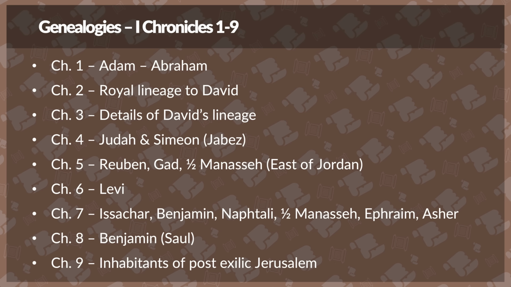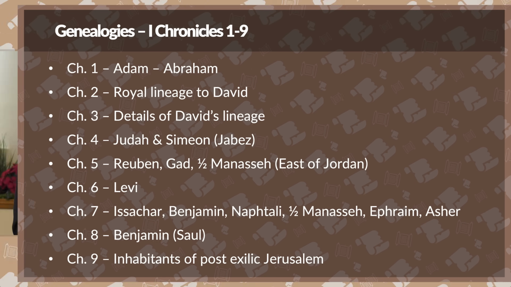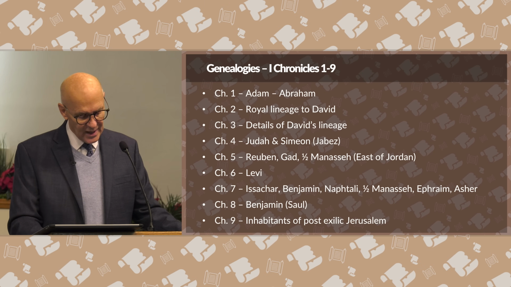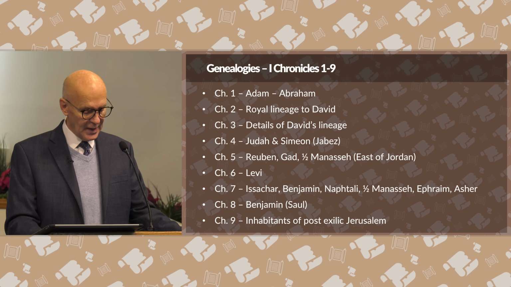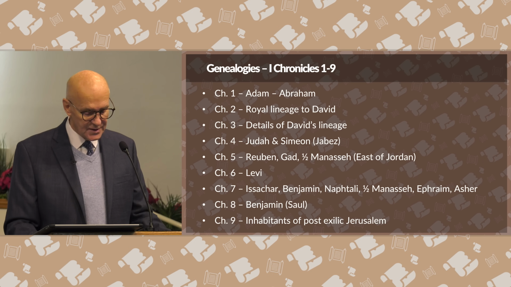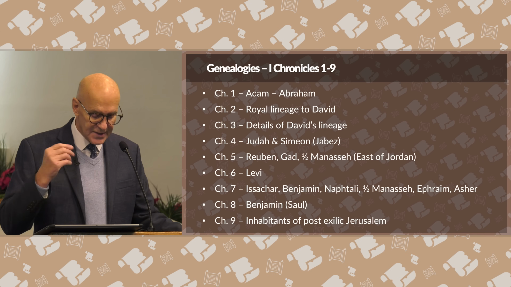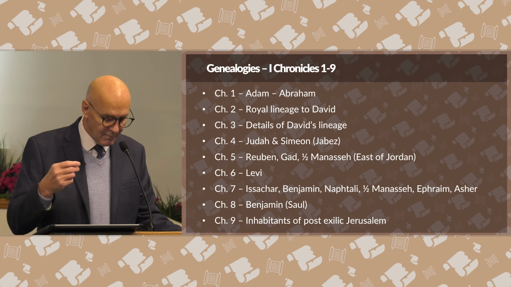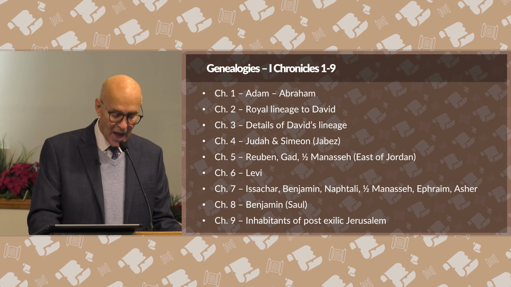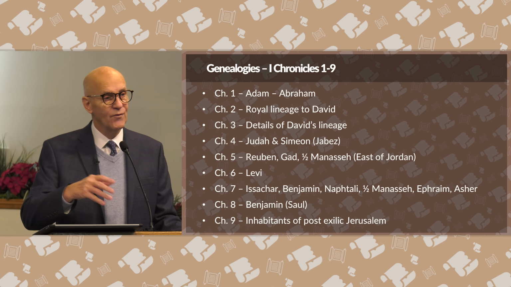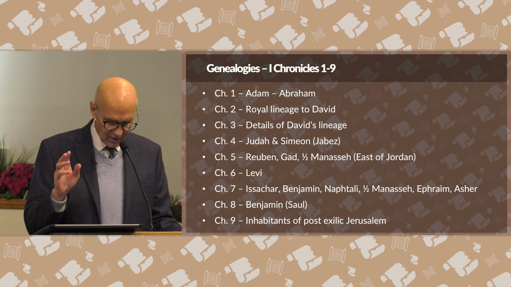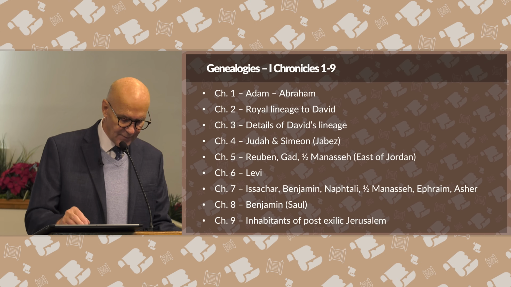Chapter 6 focuses on the tribe of Levi, emphasizing priestly duties and the centrality of worship. Chronicles 7 documents the smaller northern tribes, Issachar, Benjamin, Naphtali, Manasseh, Ephraim, and Asher, reflecting the diversity that they had within their society.